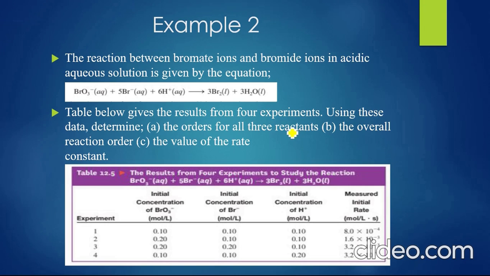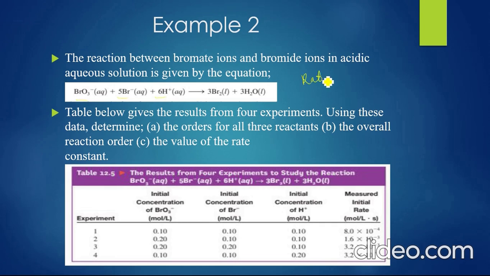To determine the orders of these 3 reactants, we need to come up with a general rate law for all the reactants here. So how can we come up with that?